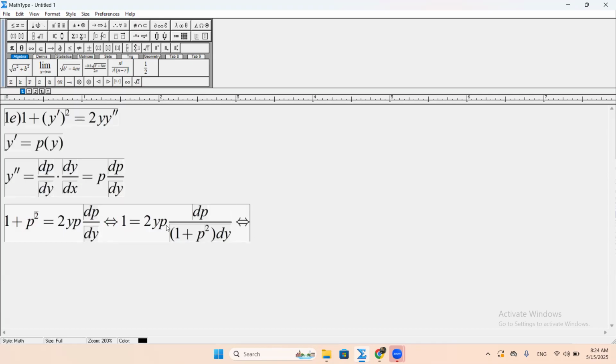So what do we receive? dy over y equals 2p dp over 1 plus p squared. So let's integrate both parts.